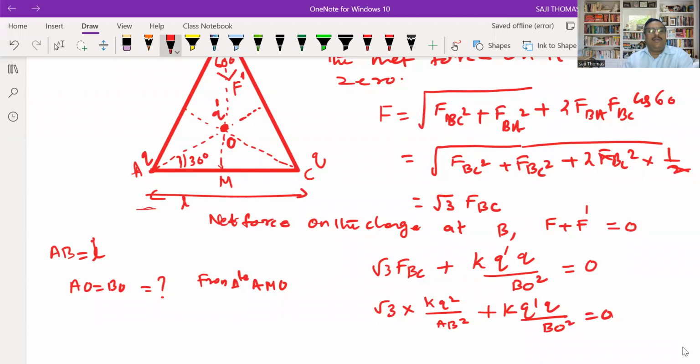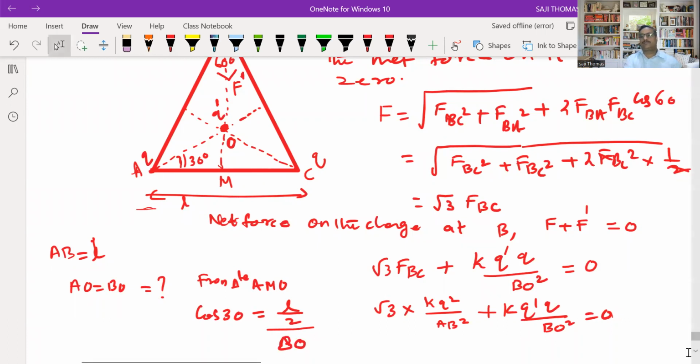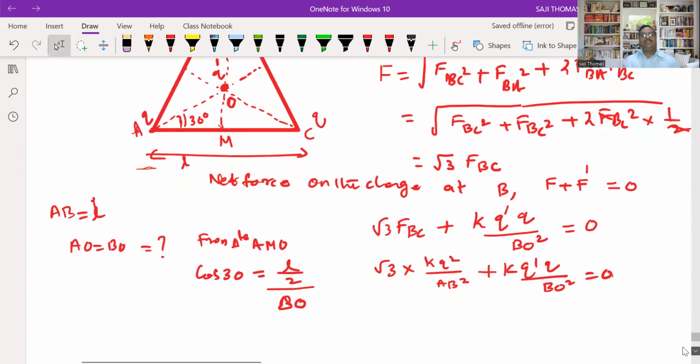In triangle AMO, what is cos theta? Cos 30 is the adjacent side AM divided by AO. AM is half the side, so L by 2, divided by AO. We can write BO also, right? So what is BO?